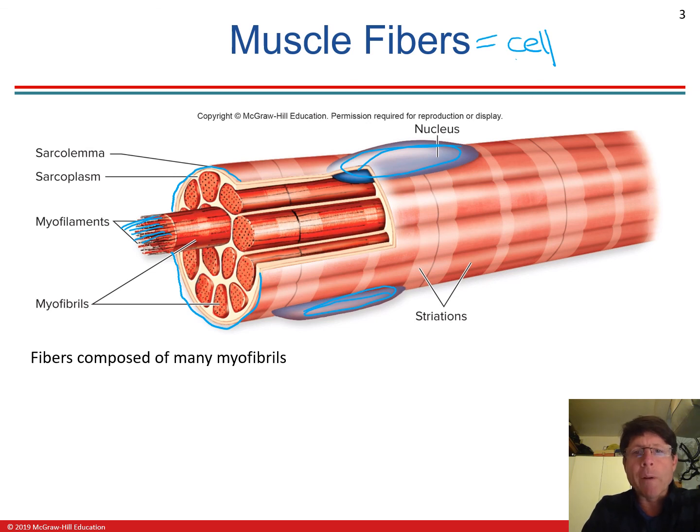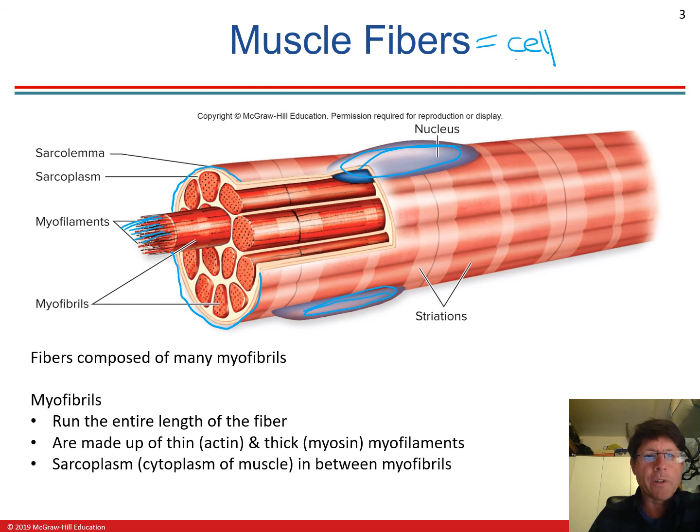When you look at the fiber, we say it has striations to it, meaning we've got all these different stripes. These stripes are going to be made of thick and thin filaments. So if we just look at it here, these dark ones are going to be thick. I'll do a couple dark ones here, and then these lighter ones in between them are going to be thin filaments.